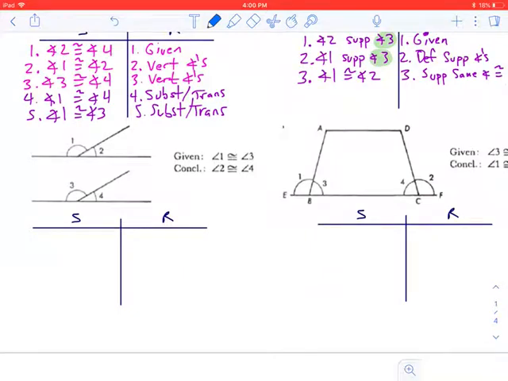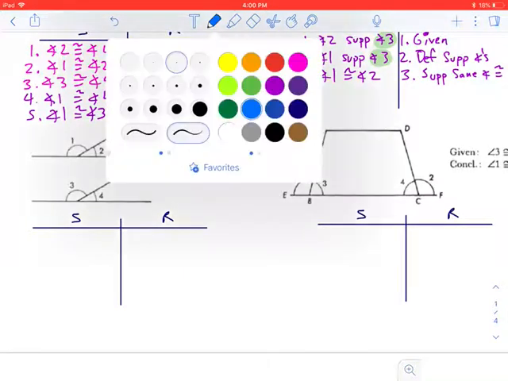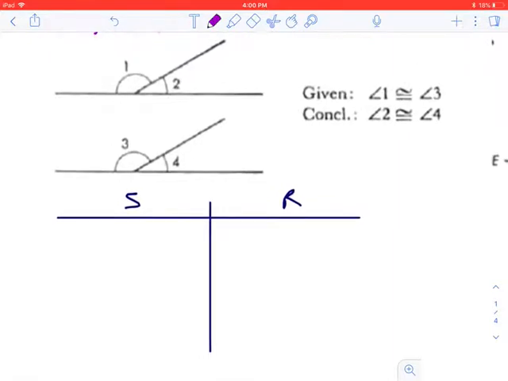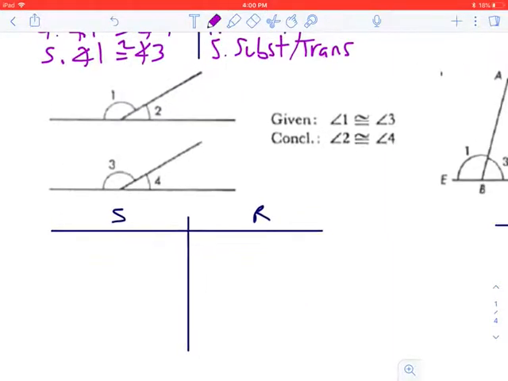One of the newer theorems is supplements of congruent angles are congruent. So in this case, I've got a given. So that's going to be my first step: angle 1 is congruent to angle 3. And that's given. Now, what I'm trying to get to is 2 and 4. Okay?